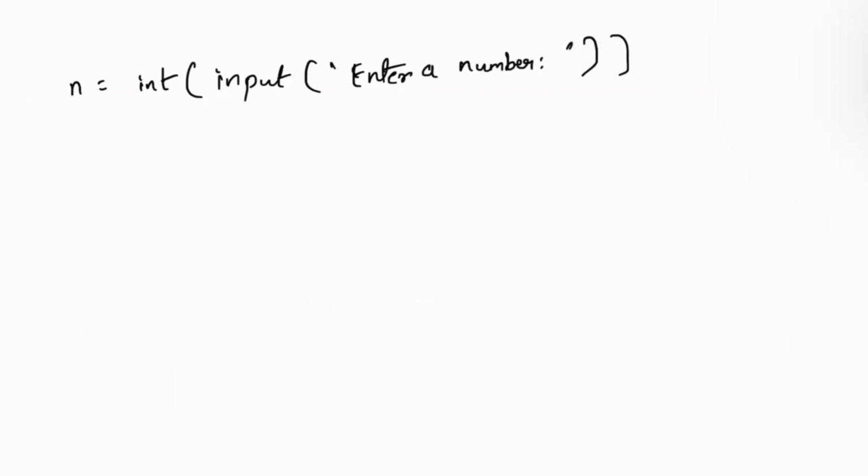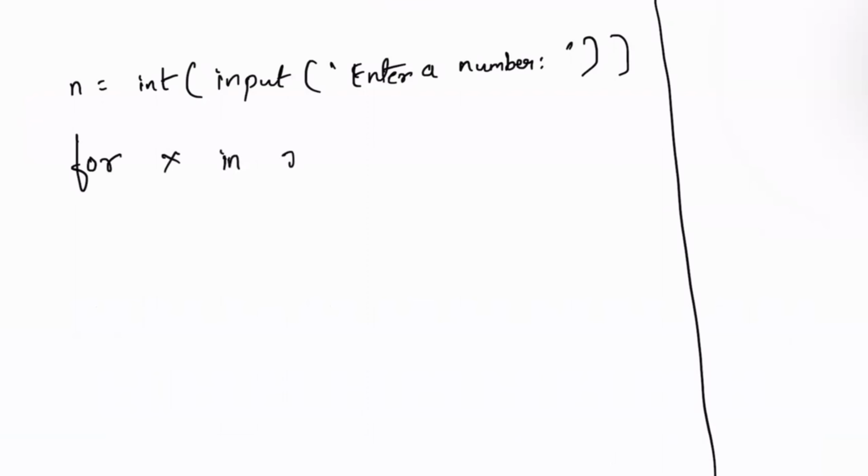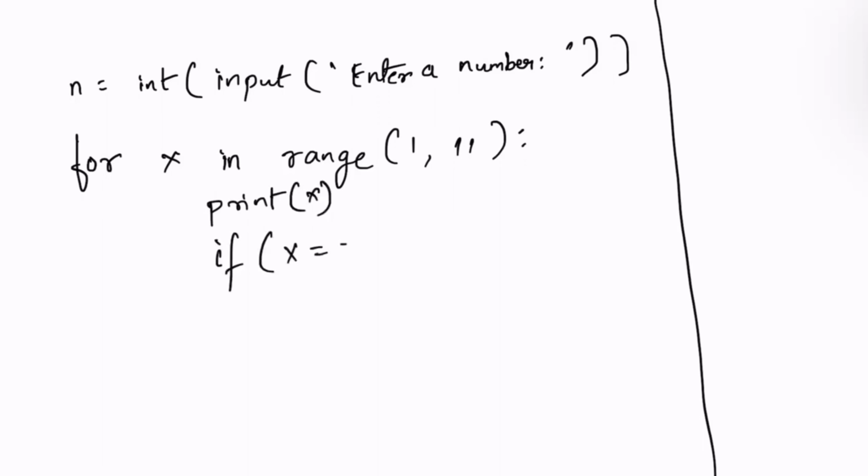Then we have taken for x in range 1 to 11 colon, print x, if x is equal to n, break. This is the program. So now I will tell you what happens here.